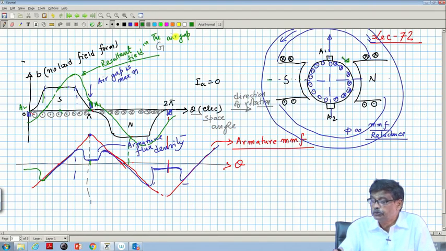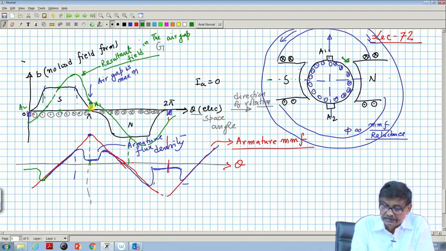Therefore, compared to an unloaded DC machine, there was no flux along this Q line, that is along A1, this is A1. Now, I find there is a flux density present. Which kind of flux density is present? The same south pole, if the main pole is, so here exists some south pole.